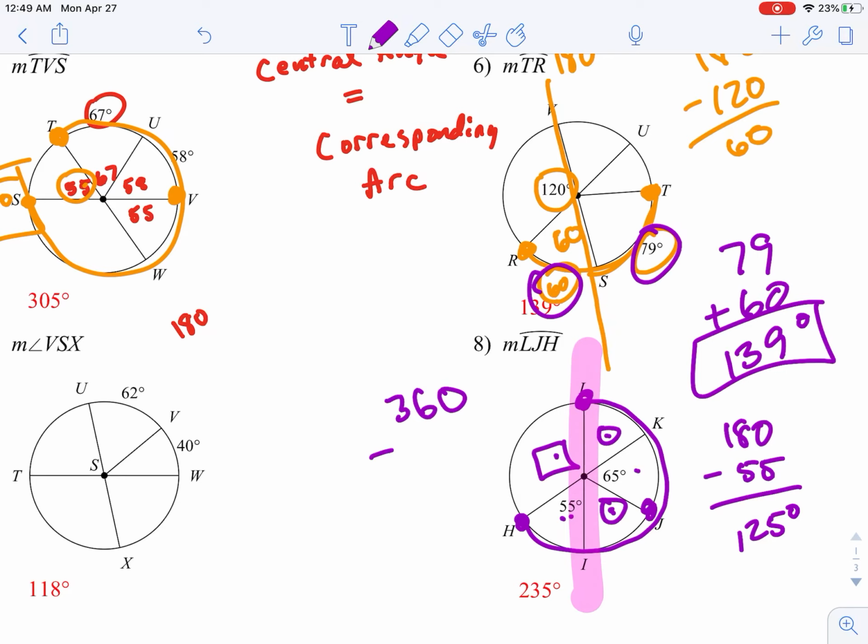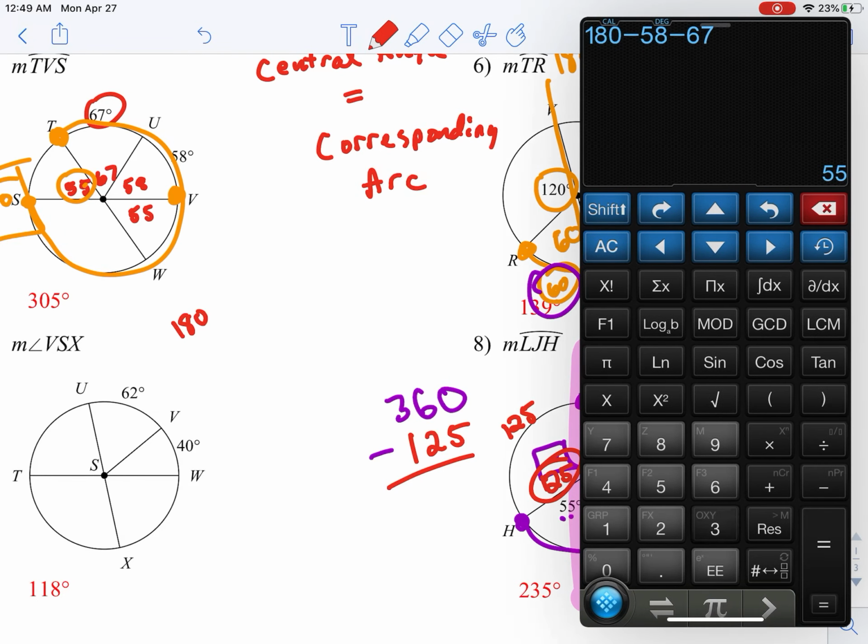So this guy here is 125, which makes this arc 125, okay? So that means I want everything around the circle, which is 360, but 125. So 360 minus 125, 235.